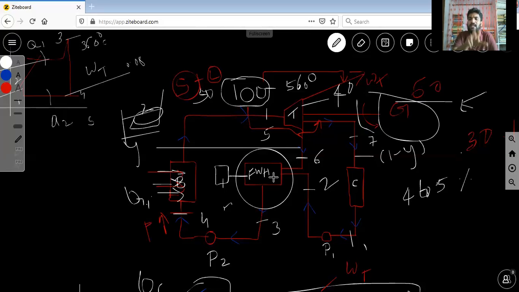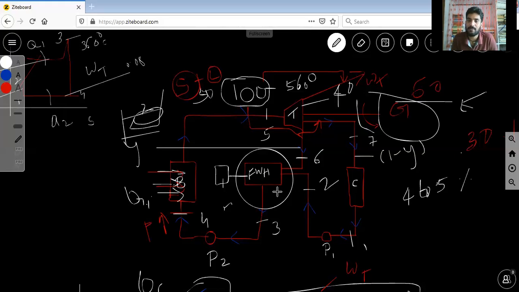Okay, this is one typical process involved in that regenerative or regeneration method. So this process is called regenerative process. This device is called as a regenerator. Sometimes it is also called as single stage feed water heater Rankine cycle.